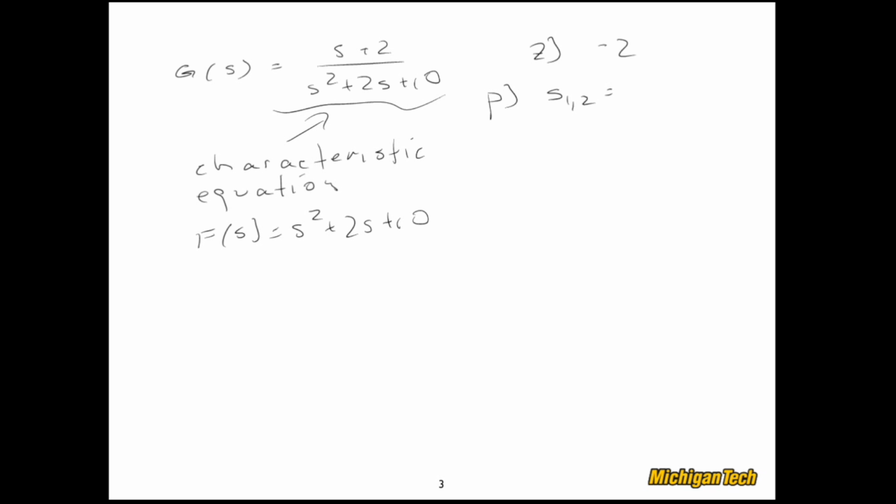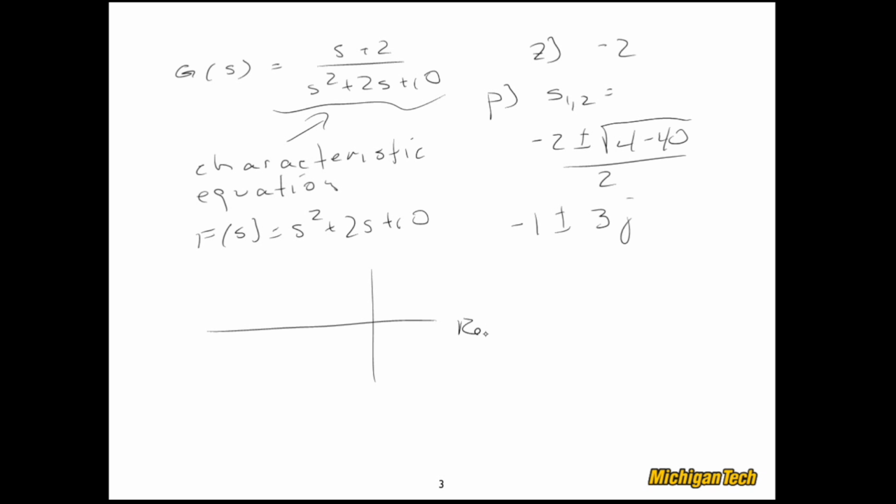So s1,2, the two roots of the characteristic equation, would be (-2 ± √(4 - 40))/2, which is -1 ± (√36 = 6)/2, so ±3j.